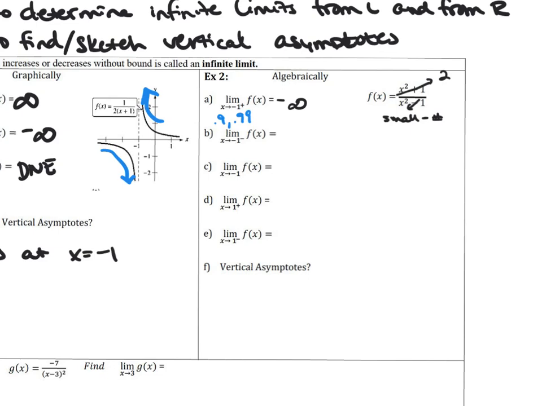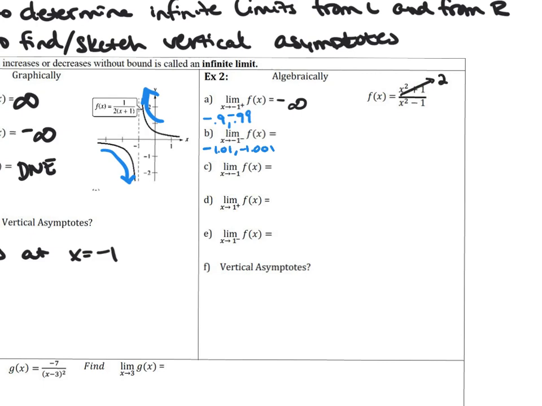Now we're going to look at the limit as we approach -1 from the left. So these are values like -1.01, -1.001, and I should have put negatives on those. So again, our numerator is going to be approaching 2.